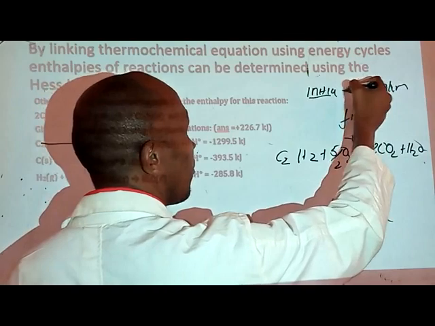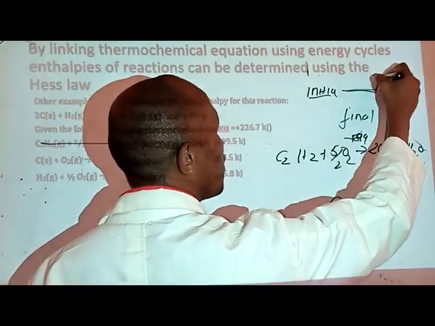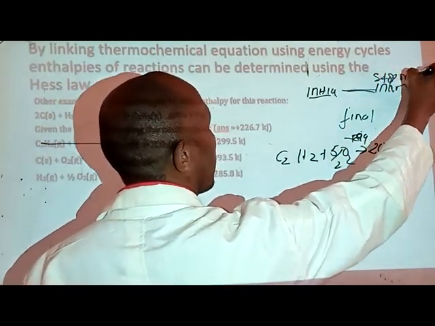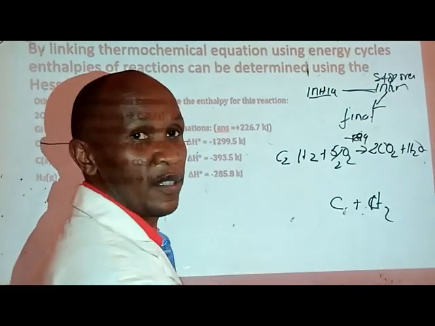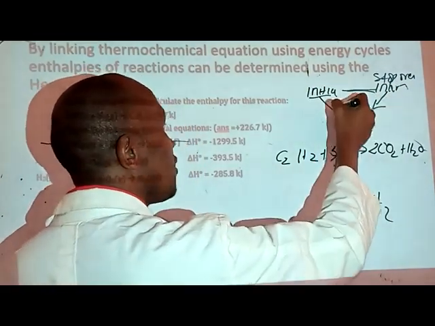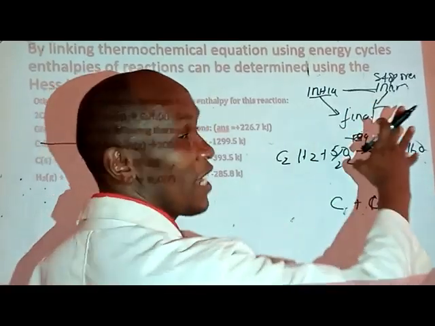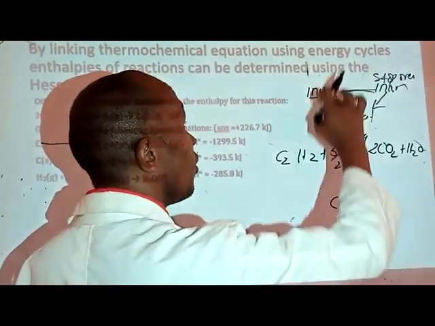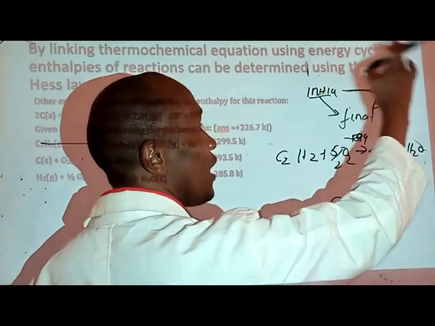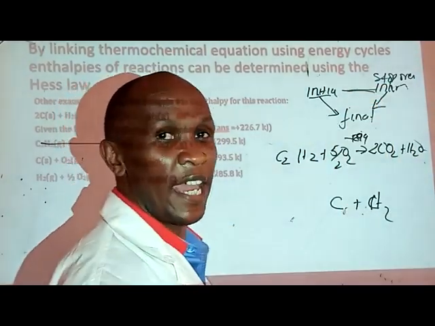So from the initial to the intermediate or stopover, then to the last thing, and also all from the initial to the final. So there are three stages in an energy cycle: the starting point, the stopover, and the end.